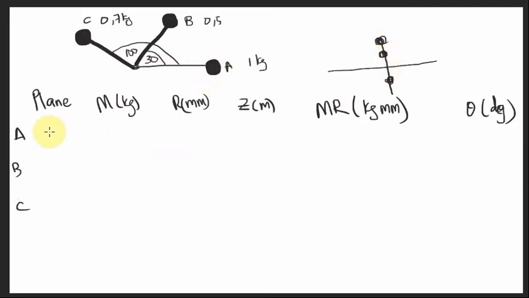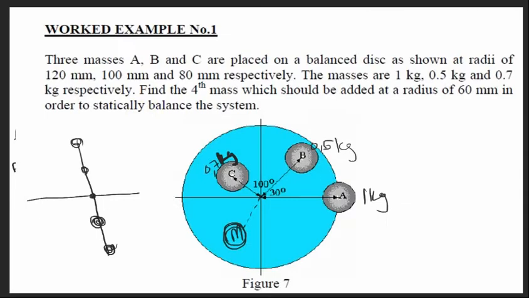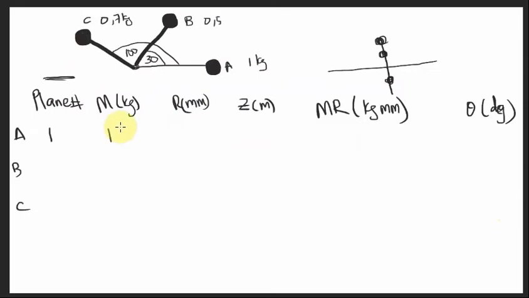The first thing we're going to do is look at A. We said that they're all in one plane, so it's plane 1. This is the plane number. The mass of A is 1 kg. The radius, they told us in the question, is 120.